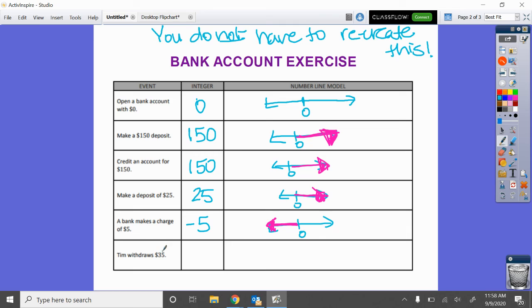And last, a withdrawal of $35. We determined that that withdrawal is a negative indicator word, so that means that's a negative 35. And again, that is going to be to the left of 0 on the number line.